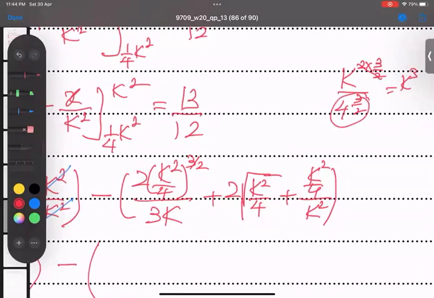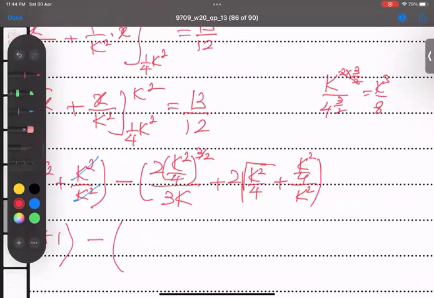And 4 to the power 3 by 2 is always 8. So I'm getting here 2 times 2k cube by 8 by 3k. And here root of k, root of 4 cancel out. We get 2k by 2. And here it will flip, k square here, 4 down. It means the answer turns out to be k square by 4k square.